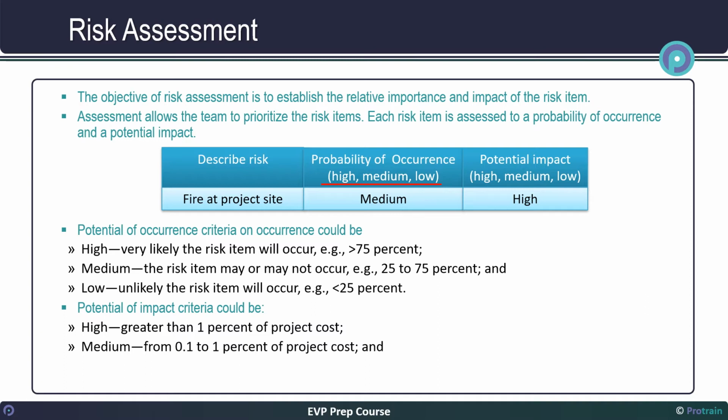And low, up to 0.1% of project cost. Impact usually means financial impact, although other impacts can be used, such as days of delay or other important project parameters. The criteria for high, medium, low should be established instead of gauging this for each item.